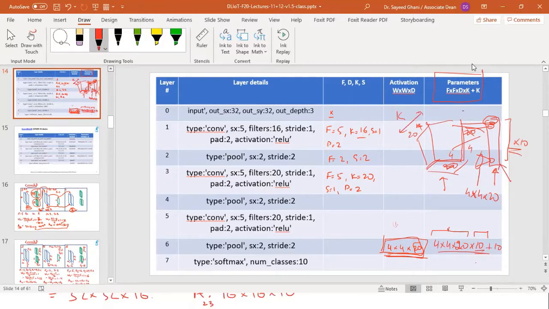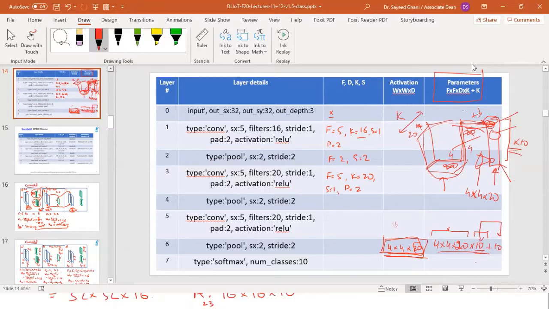I'll have to check this out, but for each one of these outputs, there is a bias. As you're calculating this weight, you're doing a multiplication of all of these, and then you're adding a bias. You're adding a bias for each one of these. So the number of bias points is going to be 10, same as this.